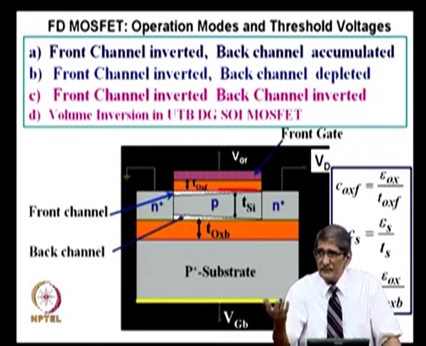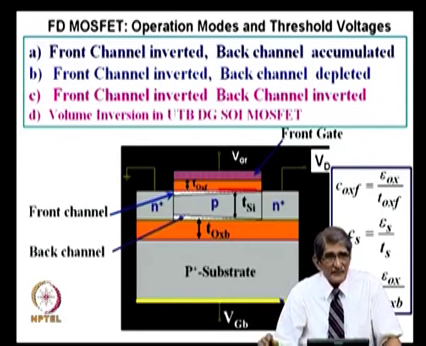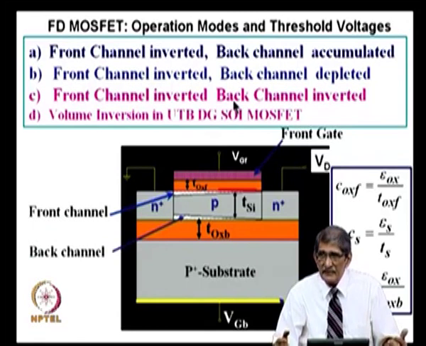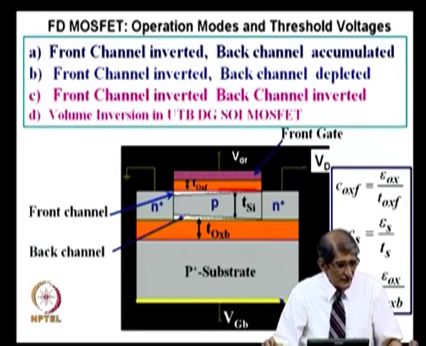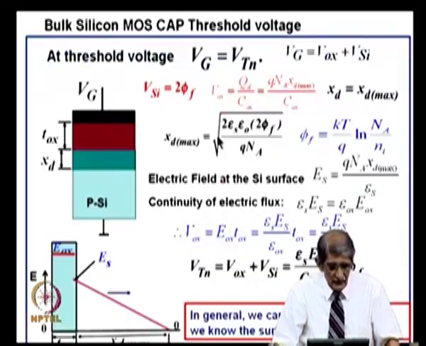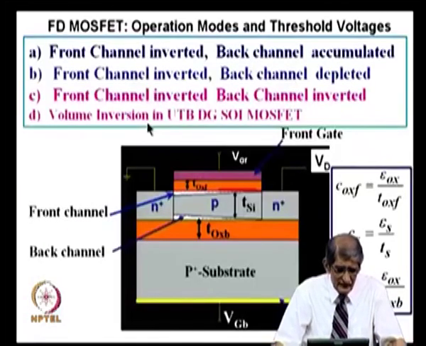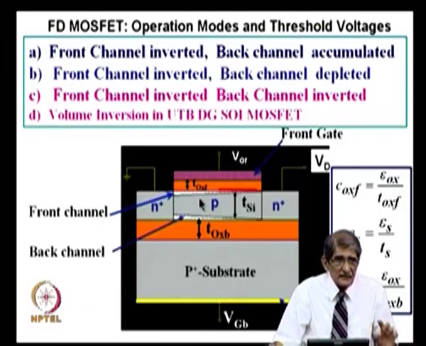Okay. You can use the same equation, mu C oxide W by L, V G minus V threshold whole square, okay, or W Q into V, that is the ultimate equation: velocity into charge into W, okay, and Q depends upon what the threshold voltage is and what the gate voltage is. So, now just before we go into that, you can see that this is a bit more complicated structure than the other one.